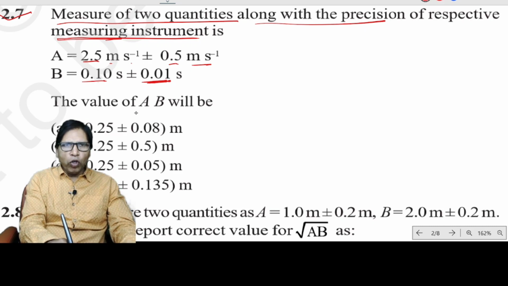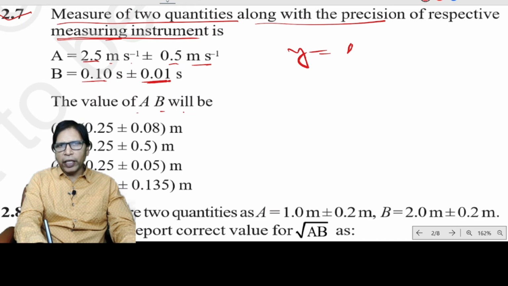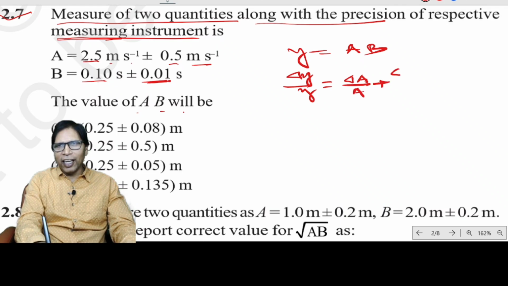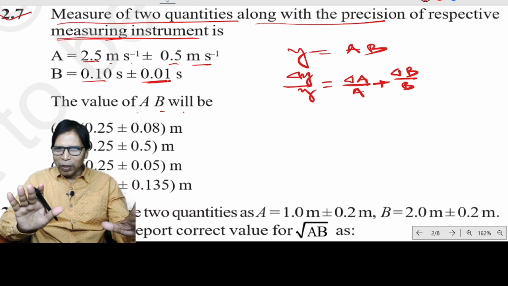The value of AB will be, look at this, suppose y equals A into B. So the relative error of y is equal to the relative error of A plus the relative error of B. Okay, no problem.